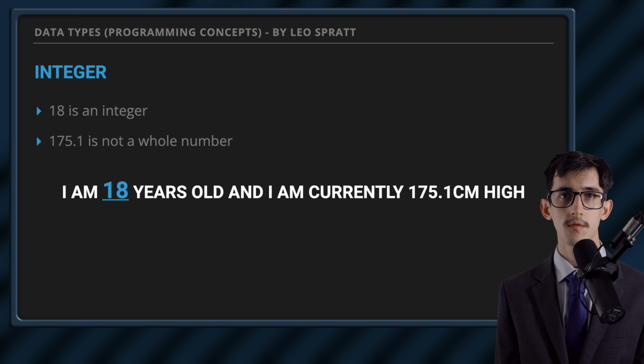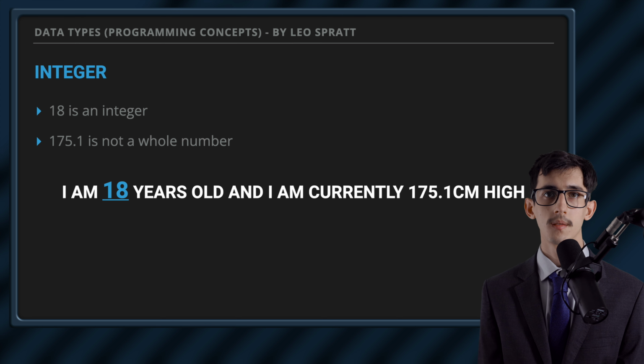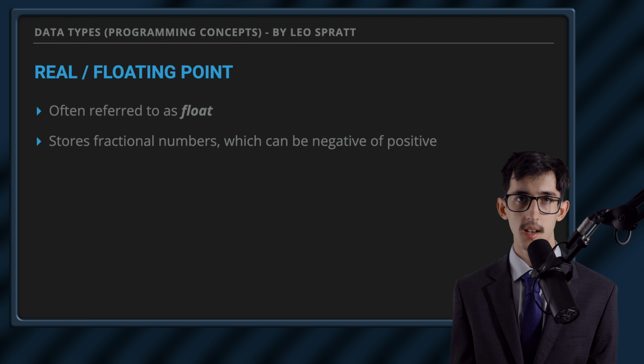We now know how to represent a whole number, but what happens if we need to represent fractional numbers? Well, we have a specific data type to handle those as well, the real or floating point, which is also known as float. Like integers, a real can be negative or positive. However, this time they can store a decimal point.